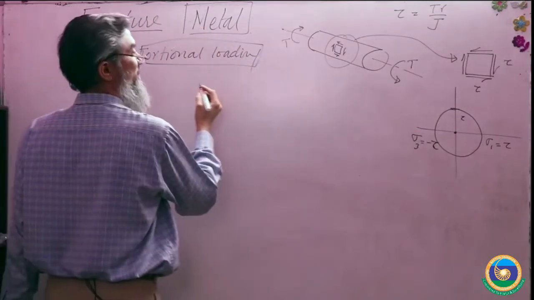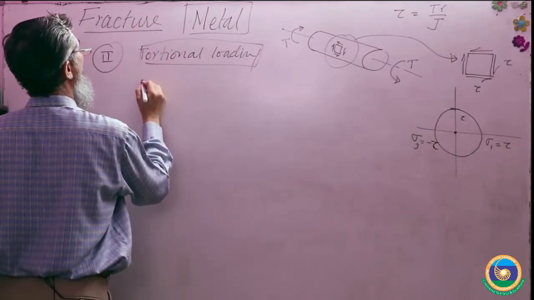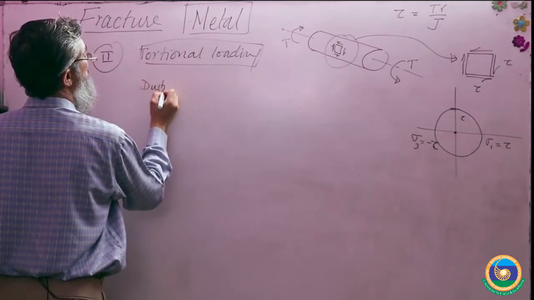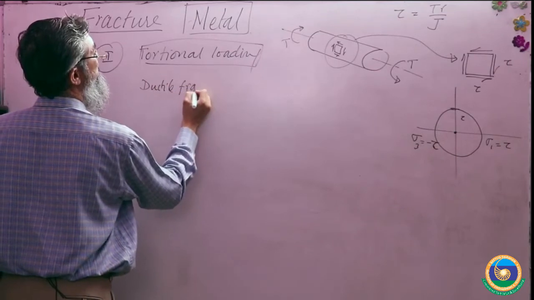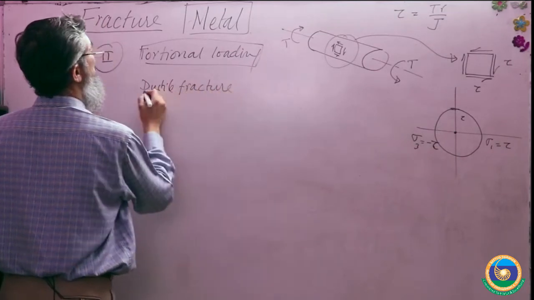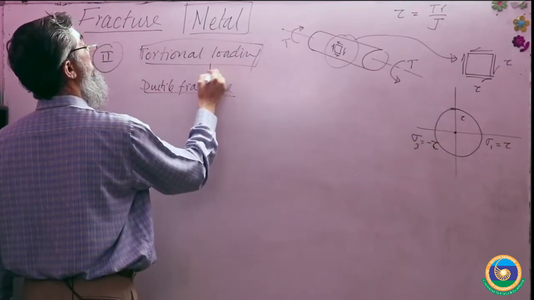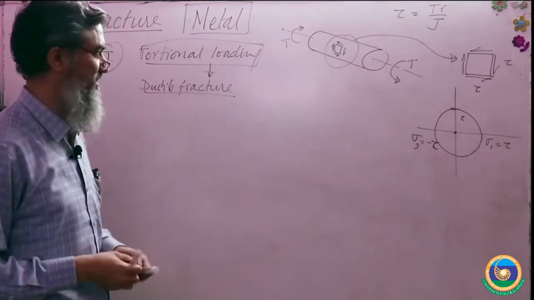If I check first for ductile fracture, ductile fracture under torsional load, what happens and how does it happen?